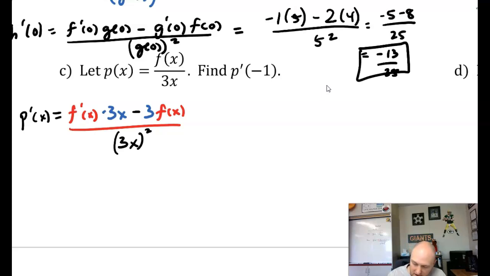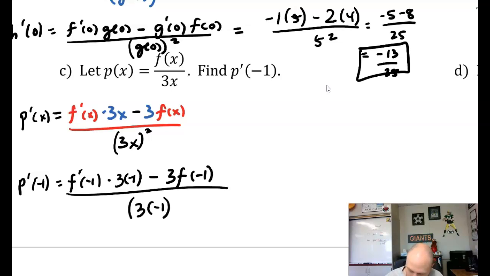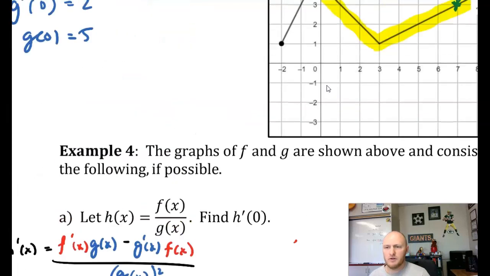Now we'll find p prime of -1. So I need f prime of -1. I'm going to have to go to my table for that, times 3 times -1 minus 3 times f of -1 over 3 times -1 squared.